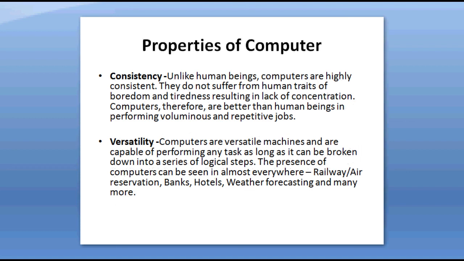It means that a computer never gets tired of working more. You can use a computer to perform your task without any error for any number of hours. Any number of hours means you can use your computer system continuously for 24 hours a day and 365 days a year.